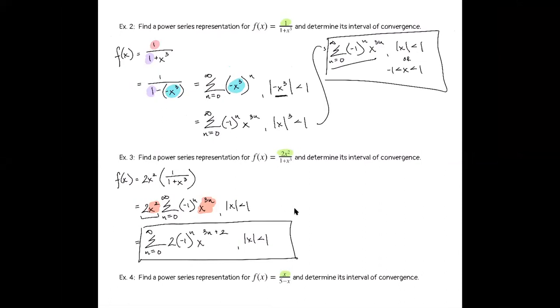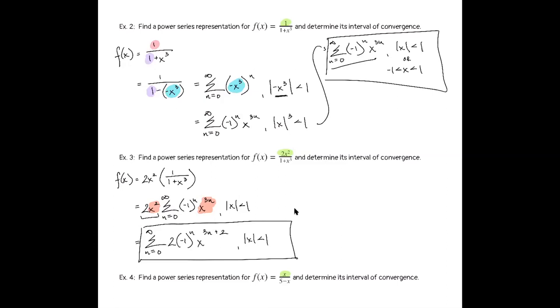So you can see that they're similar, but that numerator, like James was saying, you have to multiply it in at some point, okay? So what we did here was unpack it so we could use something we knew, and then we put the 2x squared back in so that instead of doing this all as one big problem, we chunked it into a smaller problem and then just a multiplication distribution problem, okay? Okay, so that's example 2 and example 3.